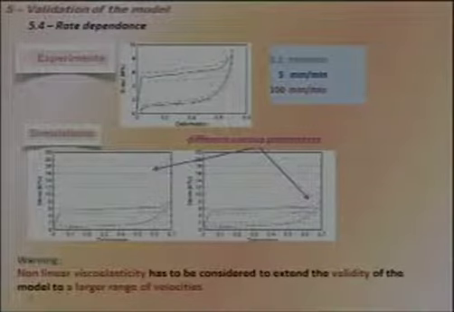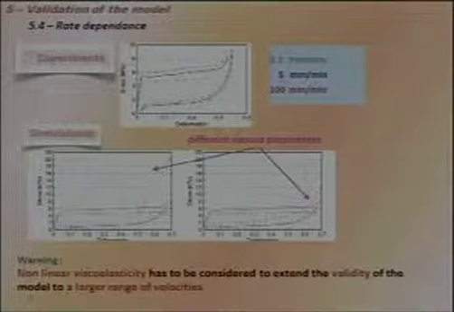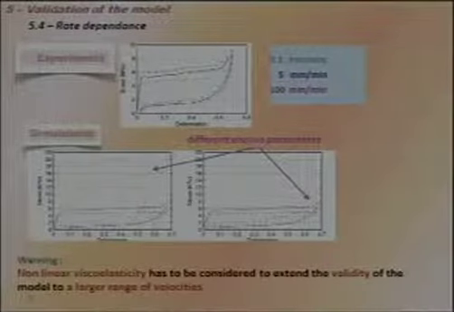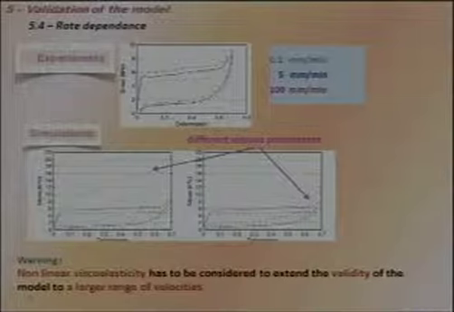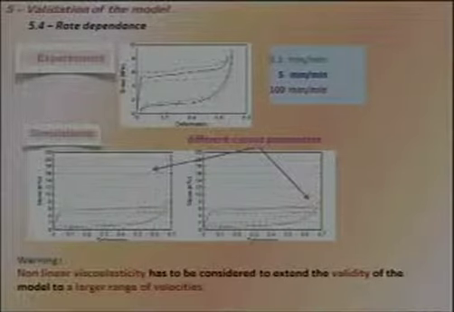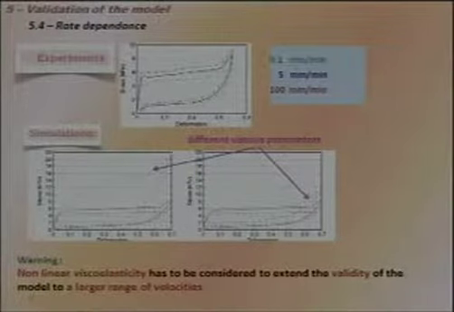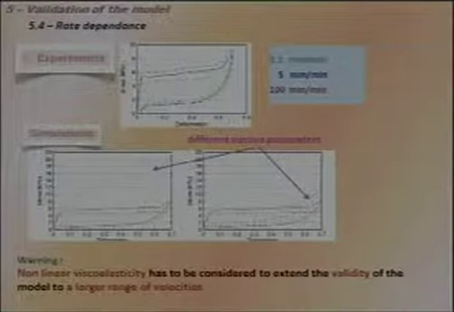So the next steps of the study: one is to build continuous models and not a series of springs. And another one is to extend the models to nonlinear viscoelasticity.